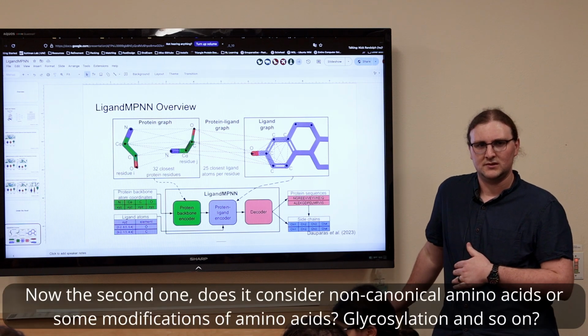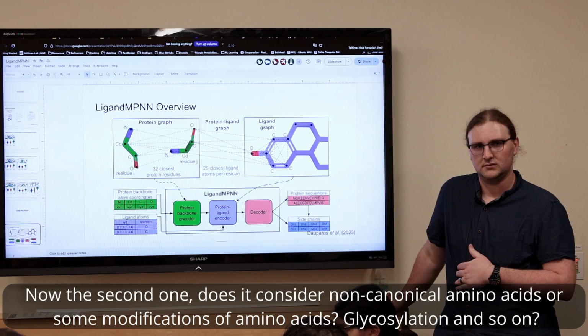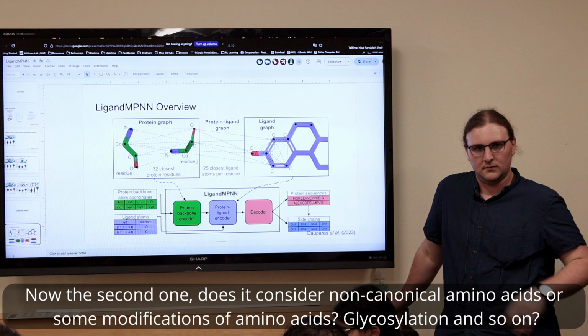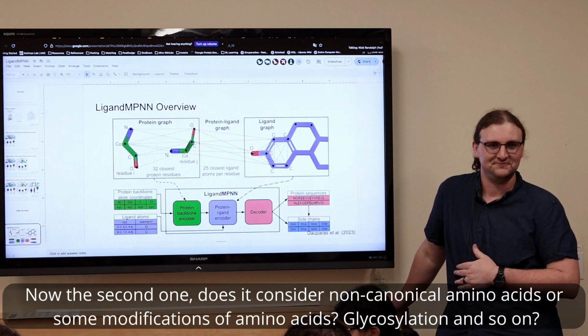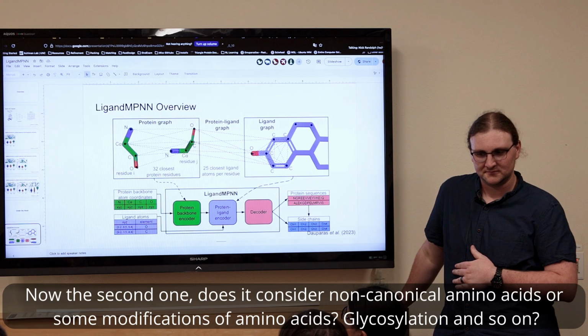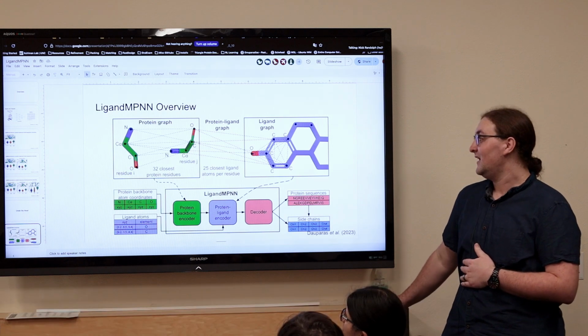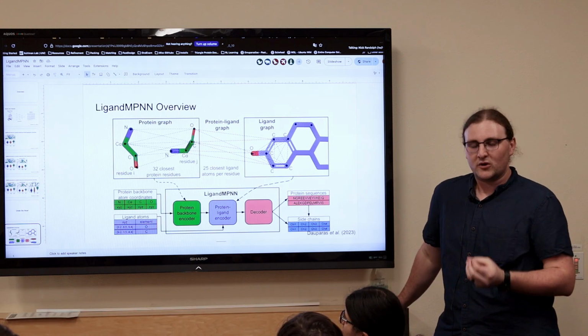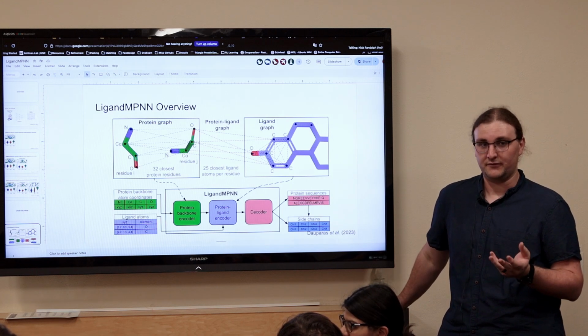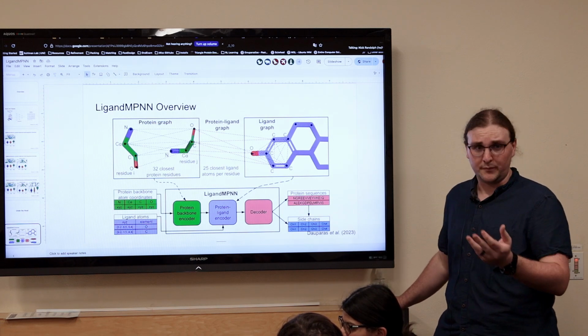And the second one: does it also consider non-canonical amino acids or modifications of amino acids, glycosylation and so on? That's a great question. I don't recall if they trained using covalently modified residues, but I think it's totally possible.